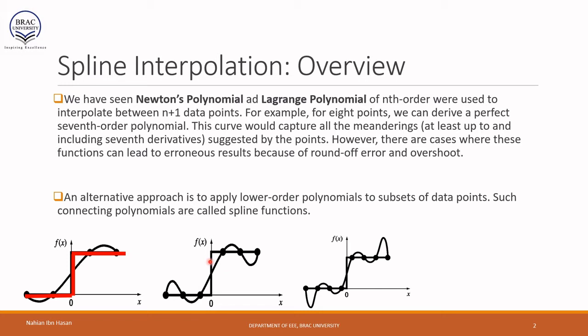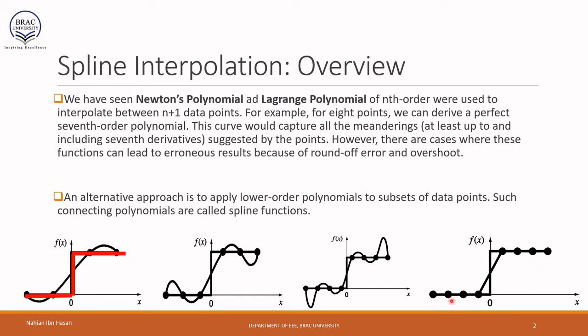So these interpolation polynomials do not provide proper results whenever the order of the polynomial is very high. On the other hand, if you had just used linear interpolation at each of the intervals, that means for two data points you use a straight line, similarly for the next two data points, and between each pair of data points you use a straight line, then you will get a figure something like this.